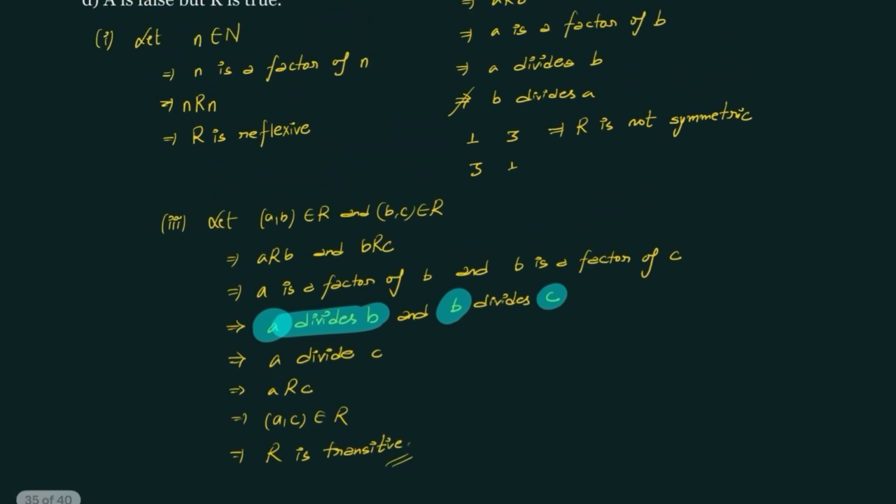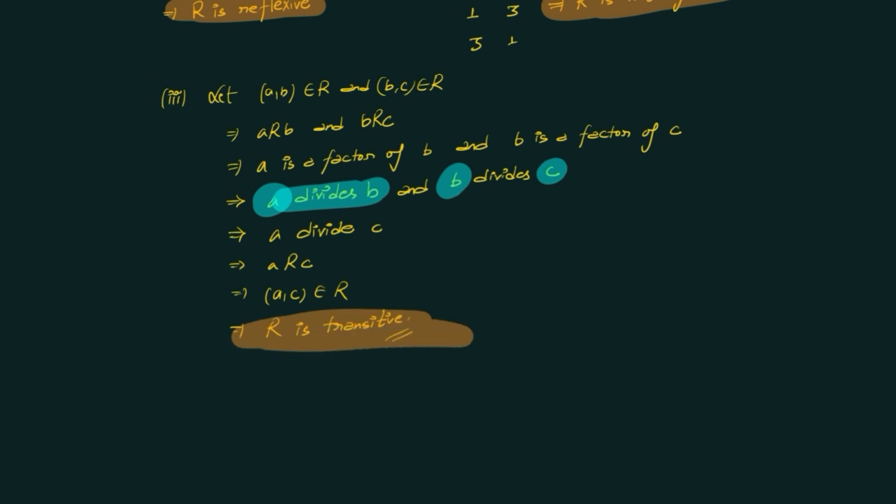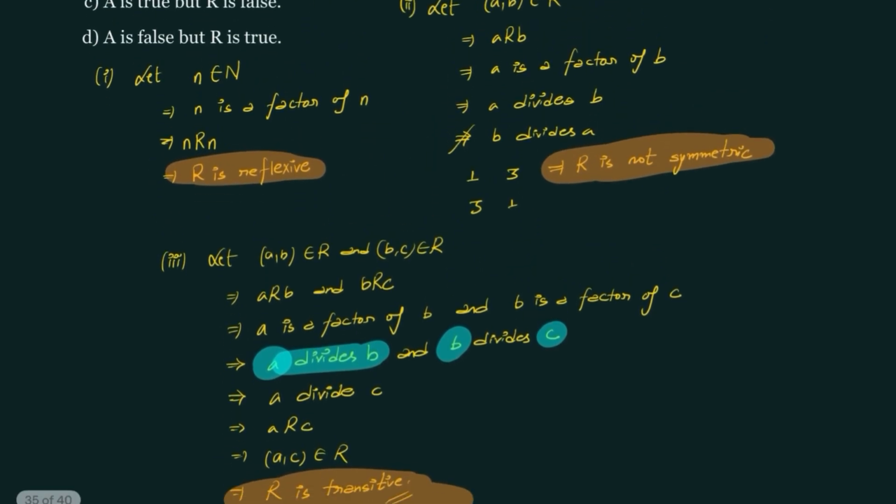So yes, the relation R is reflexive, the relation R is not symmetric, and relation R is transitive. That means this is not an equivalence relation.